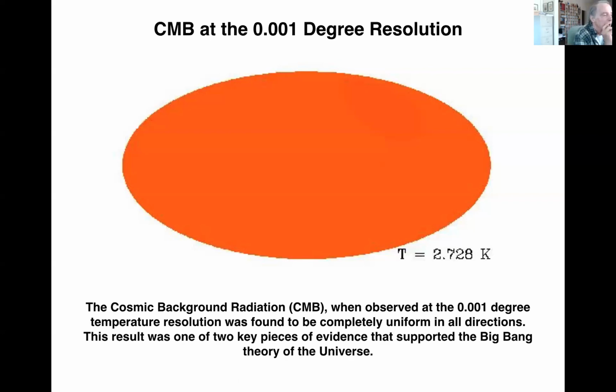According to the standard Big Bang theory, 2 points on this all sky view of the CMB, separated by more than about 2 degrees, could never have been in causal contact. So it's a mystery why they're at the same temperature. How did one part know what the other part was doing?